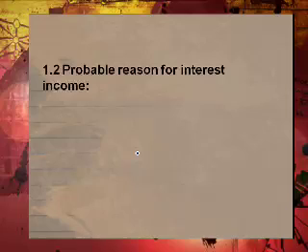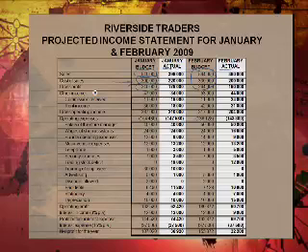Next question. What's the probable reason for the interest income? Okay, so here's my interest income. What's the probable reason for this year? Why does it appear in my projected income statement? Can you see? If you look at your interest income, notice what happened.